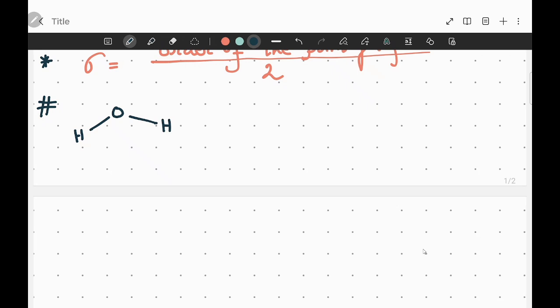If you try to find the symmetry number in this water molecule, you have to find the axis, where the center of mass will be. So one axis will be in this direction, C2. Sigma will be 2, but let us discuss it as we rotate it.